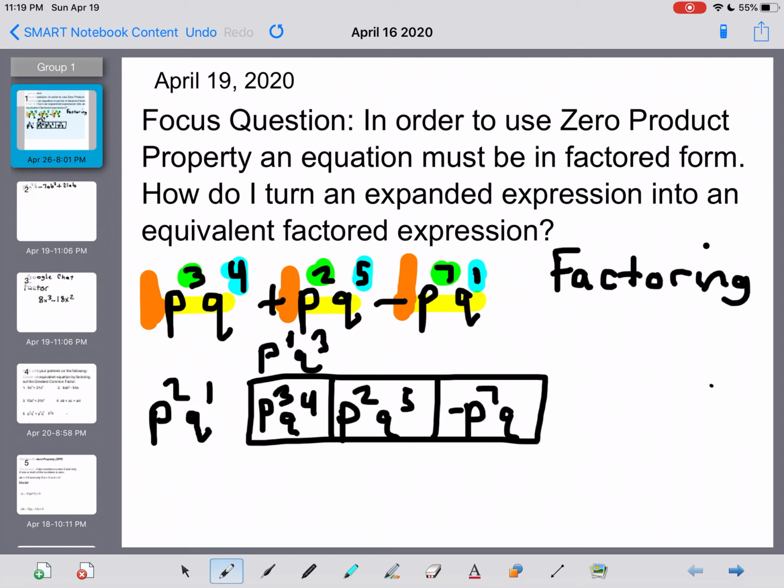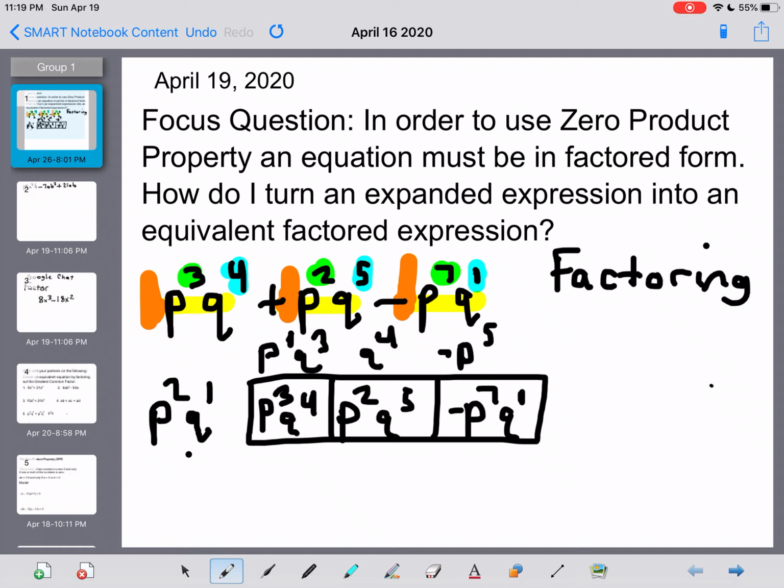The second one is p squared has to go to p squared, so I just multiply that by 1. And then q to the first power to get to q to the fifth power, it would be q to the fourth power. And then p to the second power to p to the seventh power, and since it's negative, it's going to be negative p to the fifth power. And q to the first power to q to the first power is just 1.